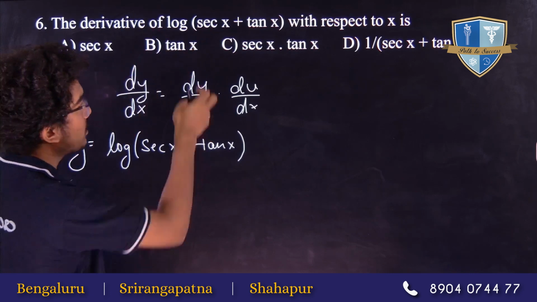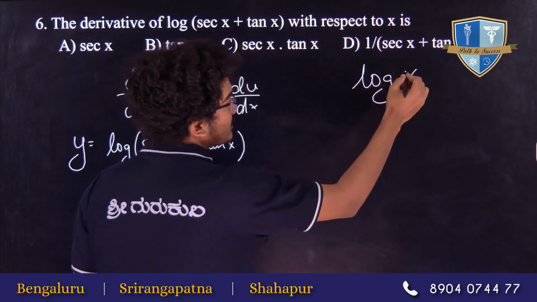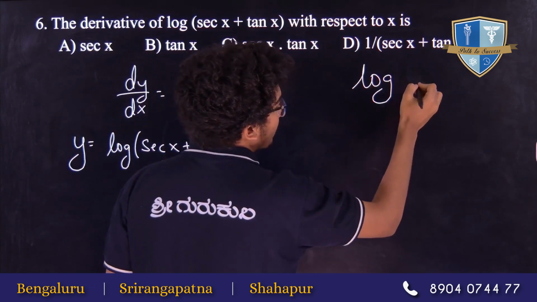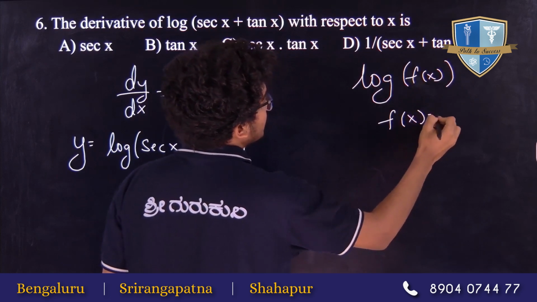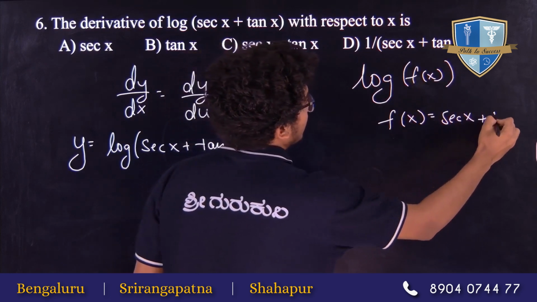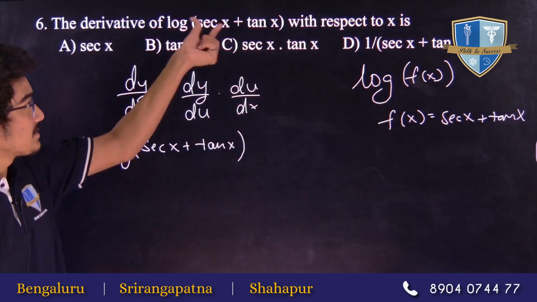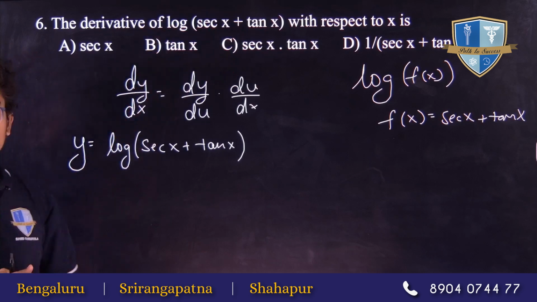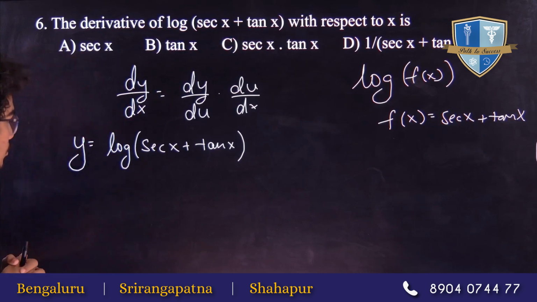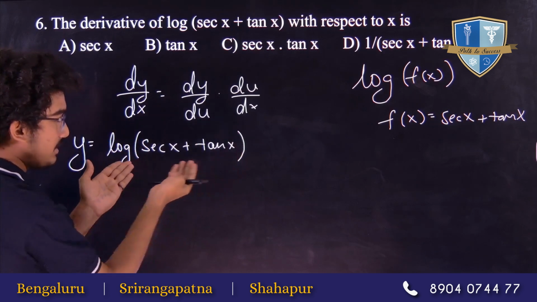Here you are seeing a log x function, but instead of x there is another function, f of x is equals to sec x plus tan x. So whenever you see this kind of case, where there is a function inside another function, we are supposed to use this chain rule. So we will create a new function.